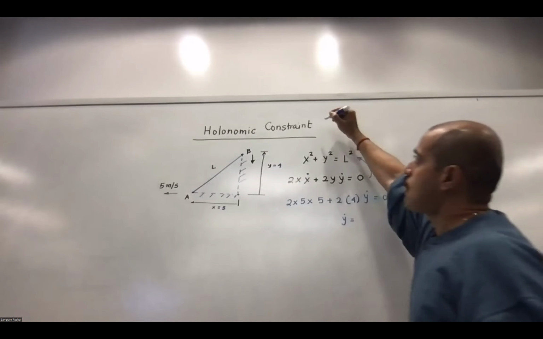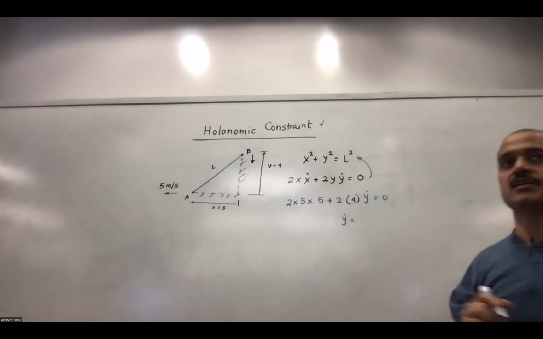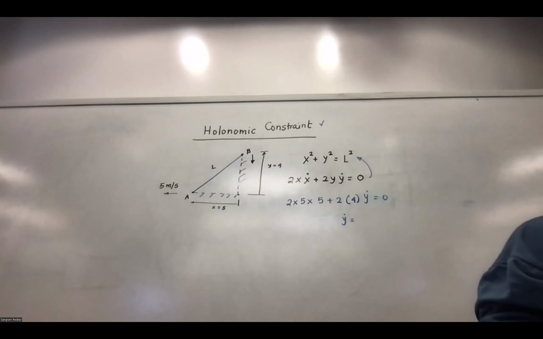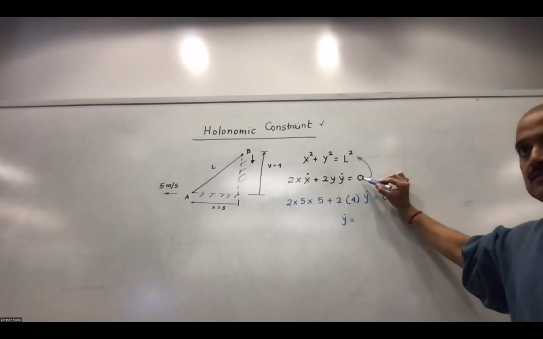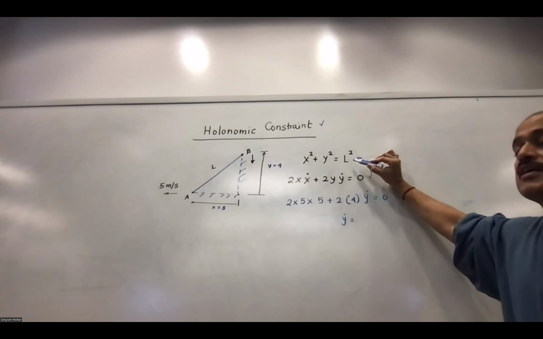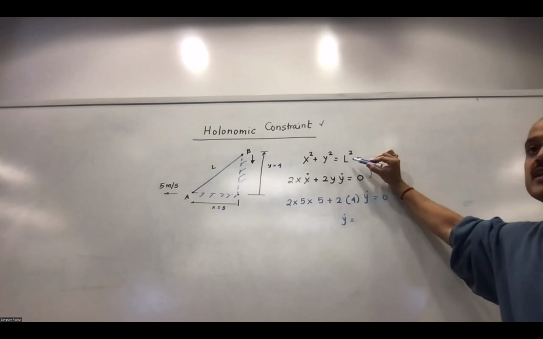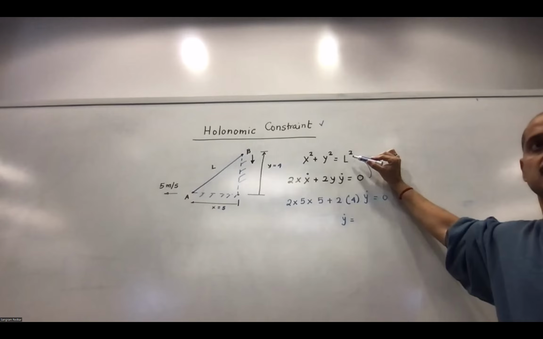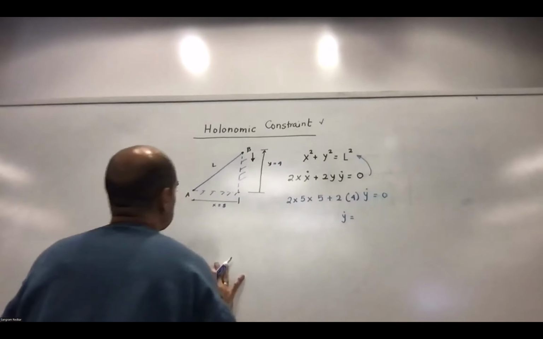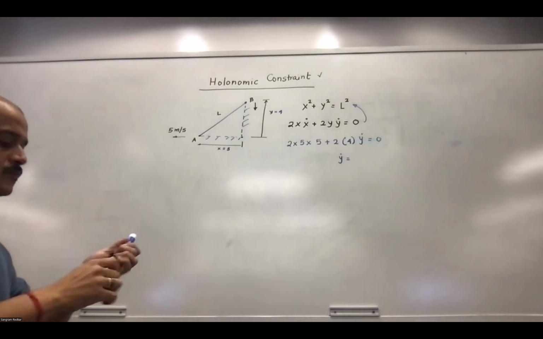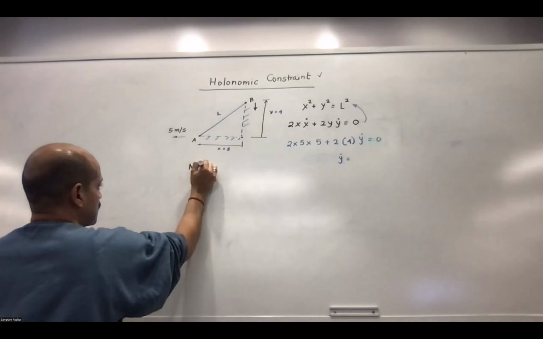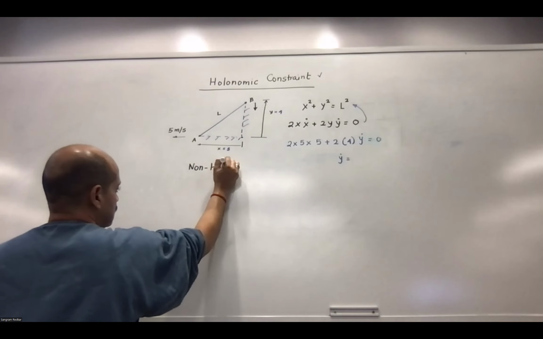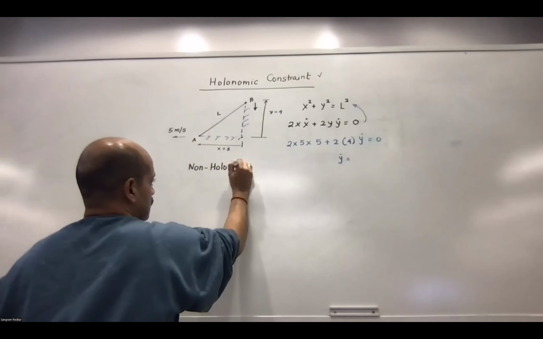That constraint is called a holonomic constraint. Holonomic constraint means that integration of the constrained derivatives gives you a meaningful constraint in the state variables. Everyone understood this? Now what happens? Imagine a car. Now here is the example of a non-holonomic constraint. And remember this, okay?